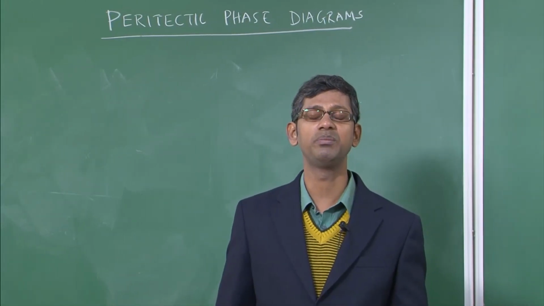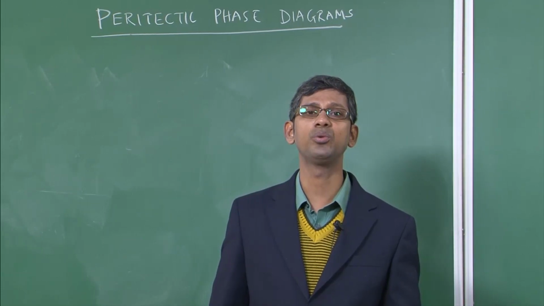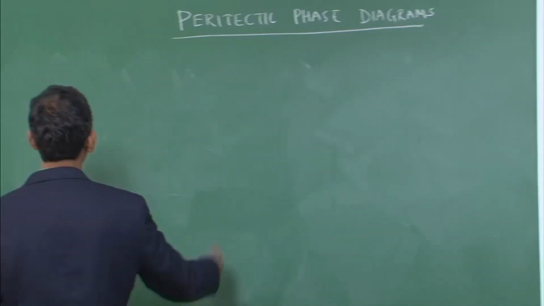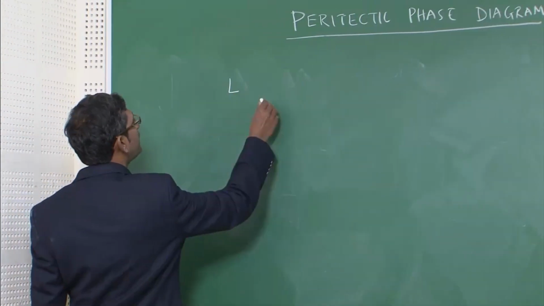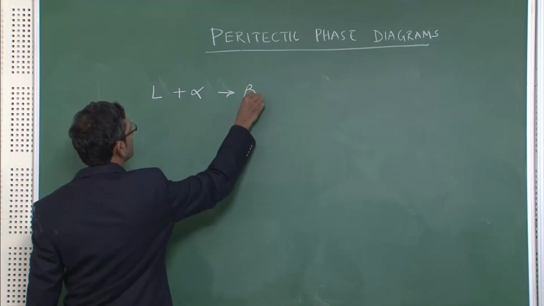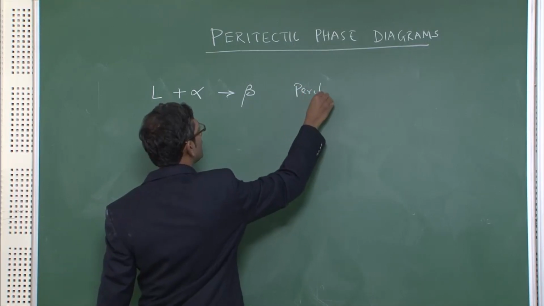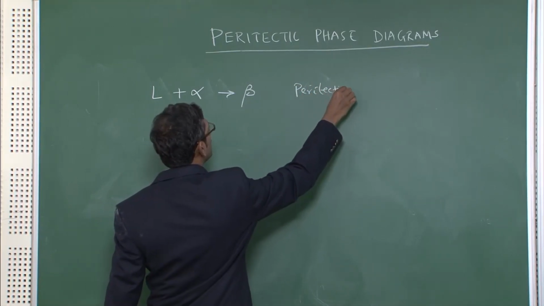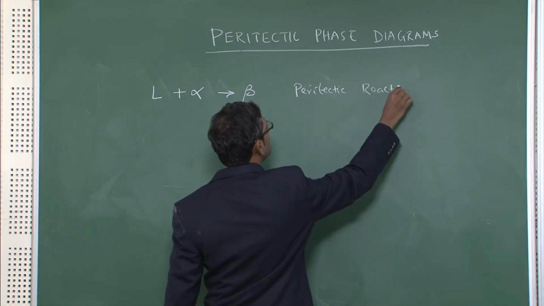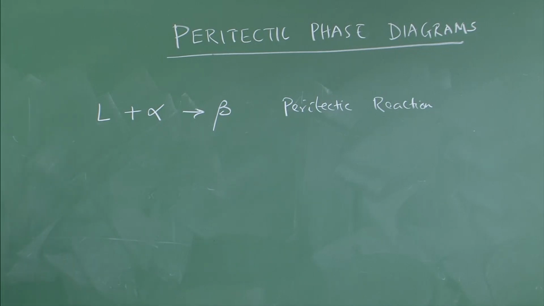In the first lecture, I will just try to explain the phase diagram and show you how things happen. So the classical peritectic reaction is given by liquid reacting with a solid phase, giving rise to another solid phase. This is the peritectic reaction. This is a very important reaction because most of the alloy development depends on this reaction.